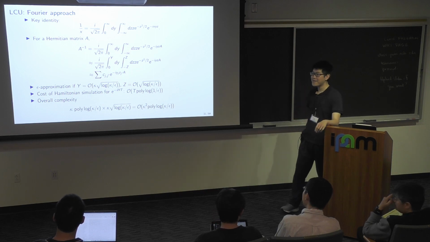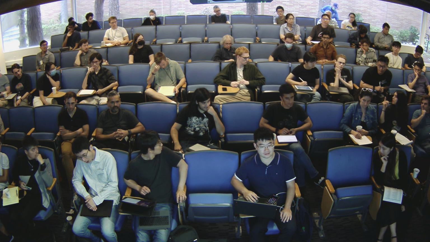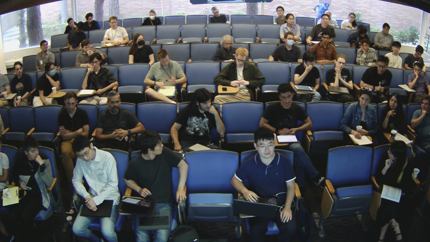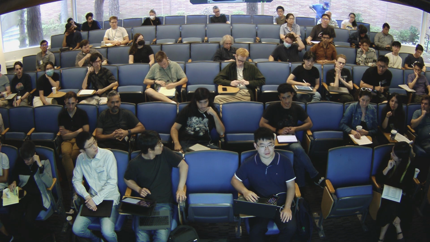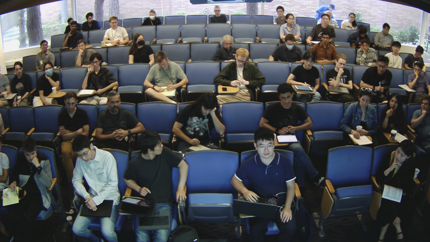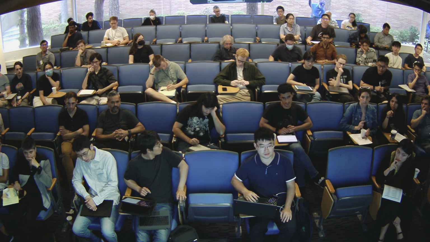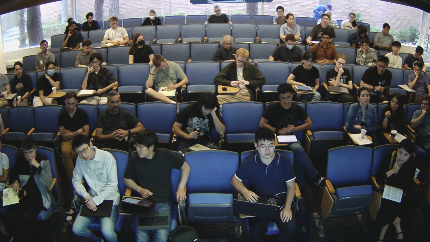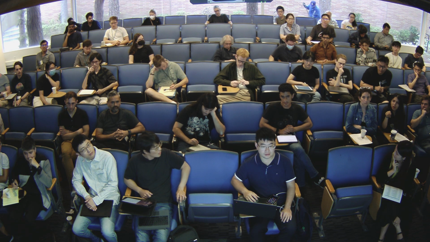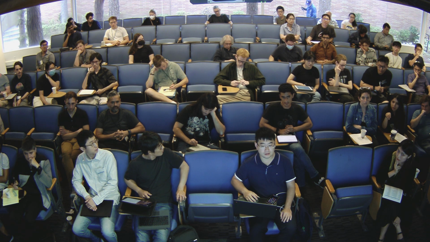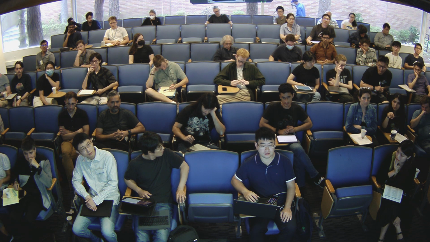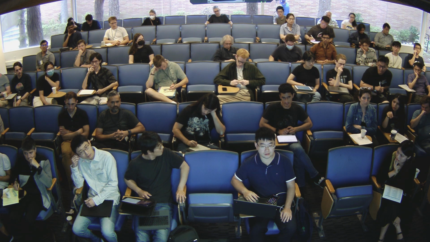Someone back there asked about how it's better with the kappa, and you said that A was being approximated away from the original. That's right. If the original A has a high condition number, it's desirable to decompose it into unitaries that make the kappa better.